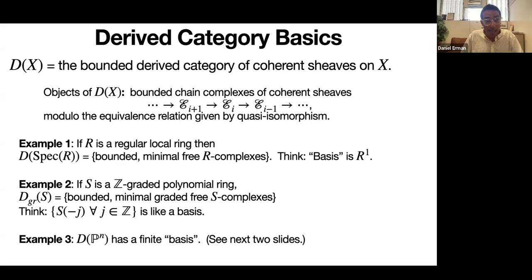From these two examples, you can see that you can extract interesting invariants from the objects you care about in the derived category. So if you care about modules, you can still see lots of their properties after you've induced this equivalence relation. For instance, the graded Betti numbers would still be visible.